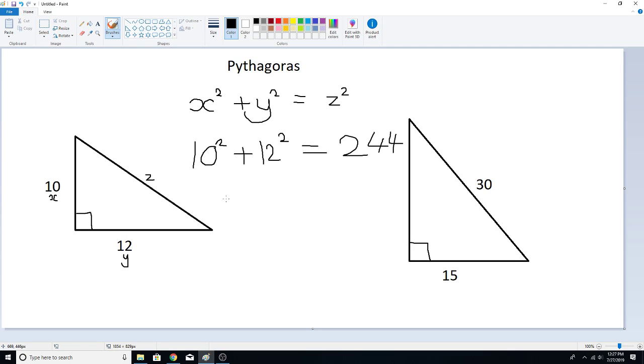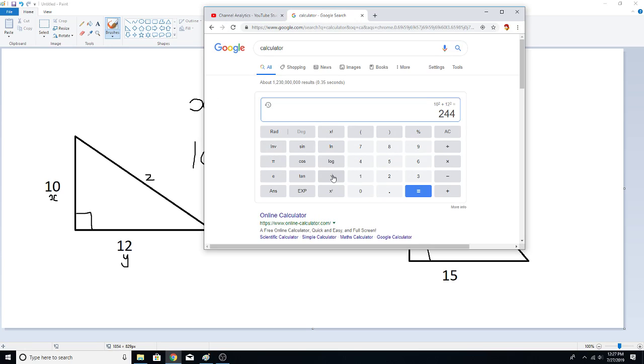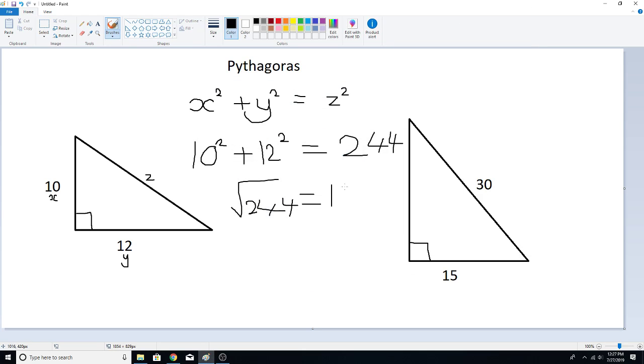So the square root of 244 equals, and we stick that in the calculator, and the answer is 15.6. I rounded it to the first decimal place. So we know that the length of this line z is 15.6.